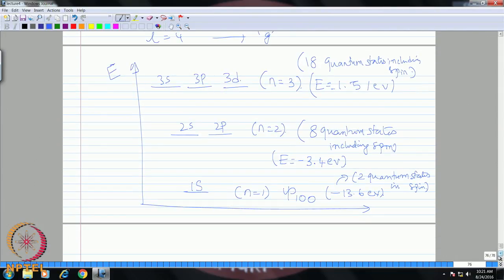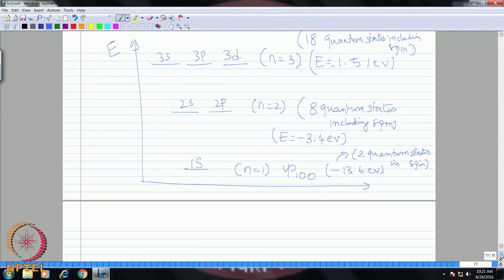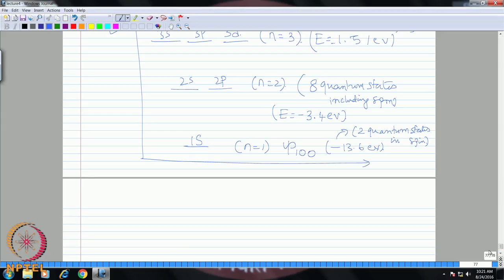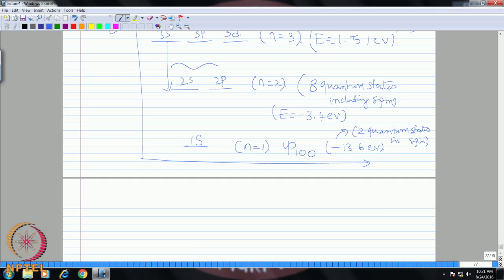Okay. And one of you asked the question about emissions. So, how can we talk about emissions in the case of the electronic energy level? What happens when the electron from a higher energy state, from a higher quantum state, jumps to a lower quantum state? This results in the emission of a photon h nu, and how do we calculate h nu? h nu is equal to delta E from the higher quantum state to the lower quantum state.